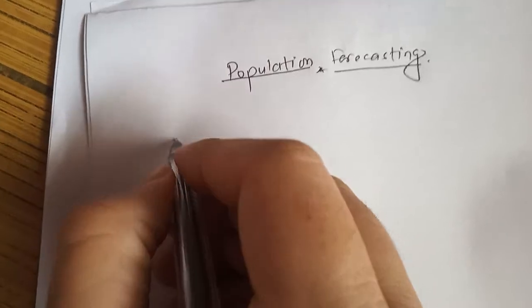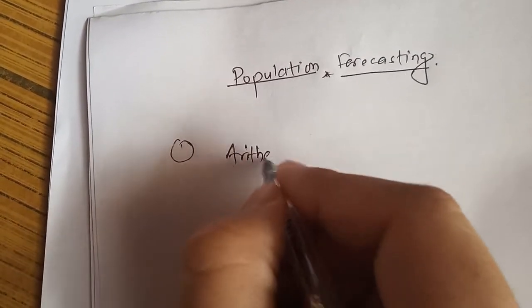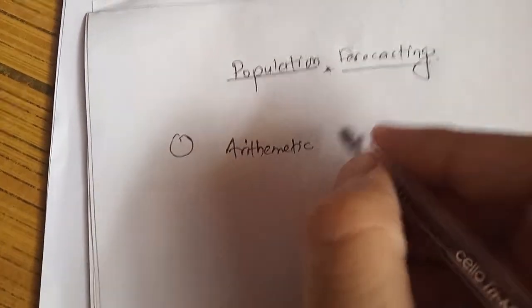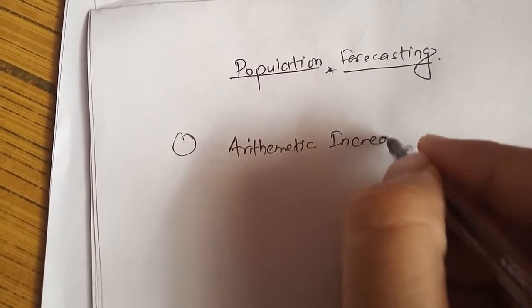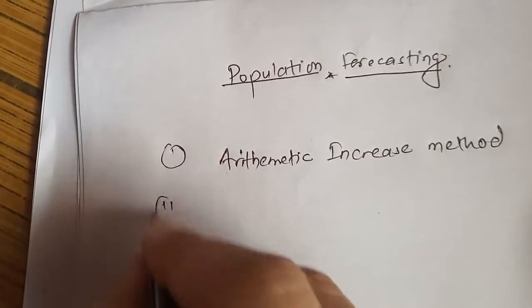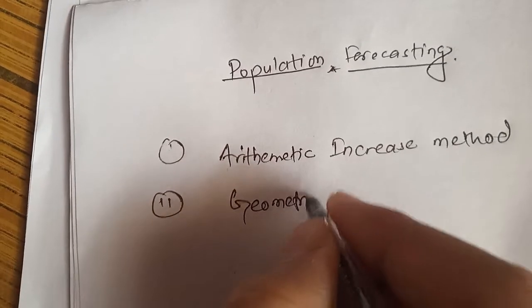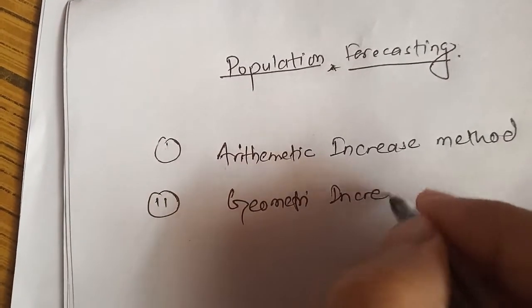For population forecasting, first is our arithmetic increase method. Second is our geometric increase method.